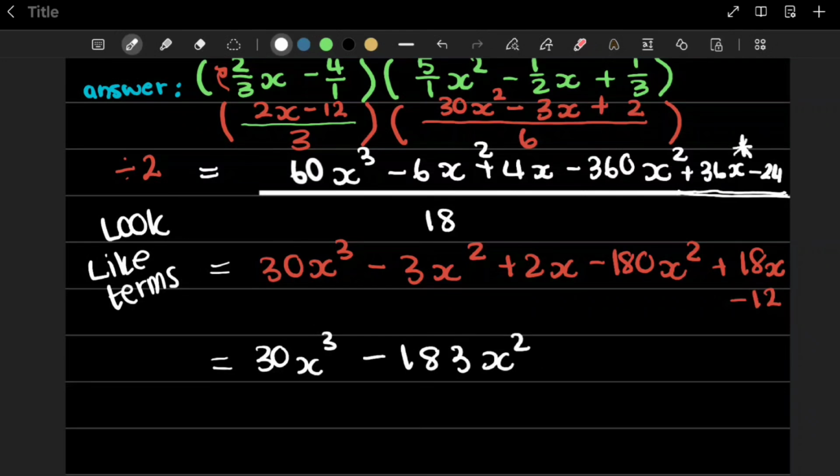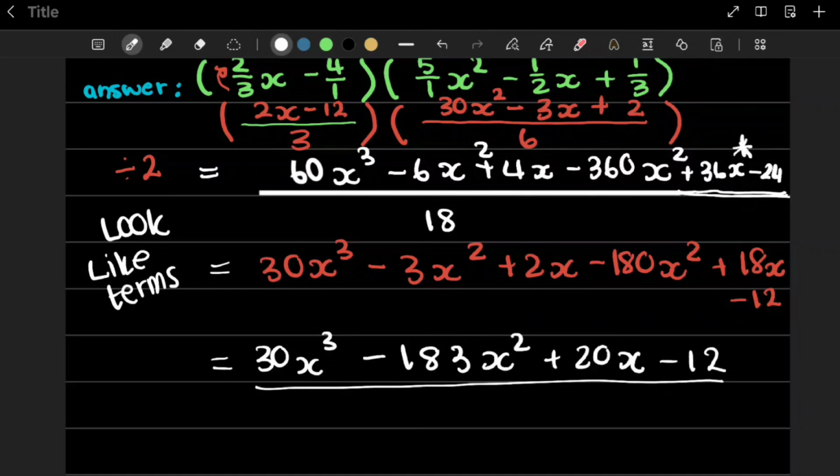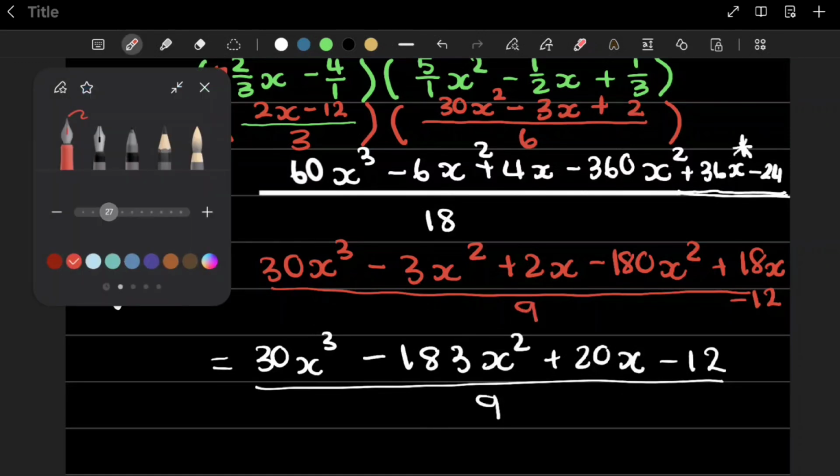So basically 2 plus 18 gives us 20x. And the last one, which is our constant, stays alone, minus 12, all divided by 9. I'm so sorry, I forgot to write the divided by 9 over here, but you understand.